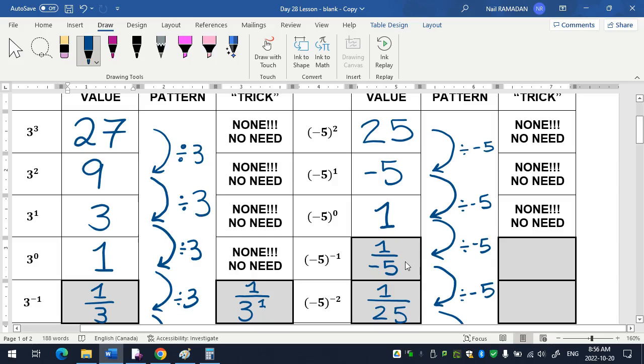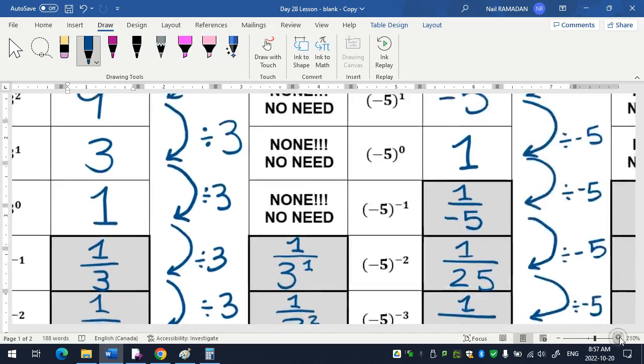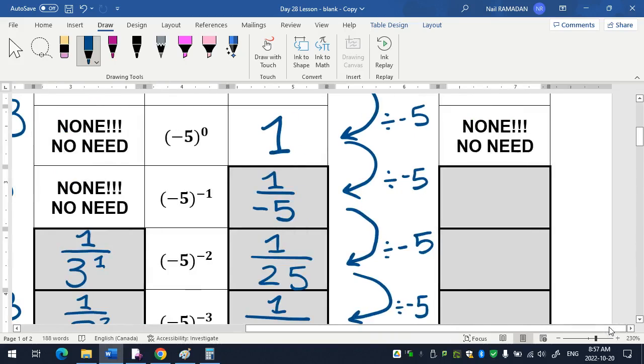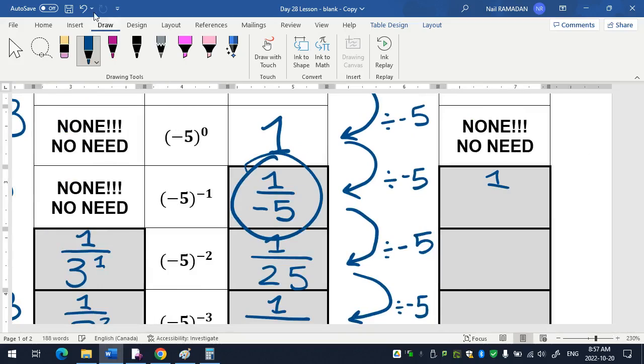Okay. How many people agree? Listen up. Okay, everyone, watch this. Because now I'm going to create the trick for you. How many people agree that this one is equal to this? Come on, everyone, focus. How many people agree that this guy is the identical twin of this one?